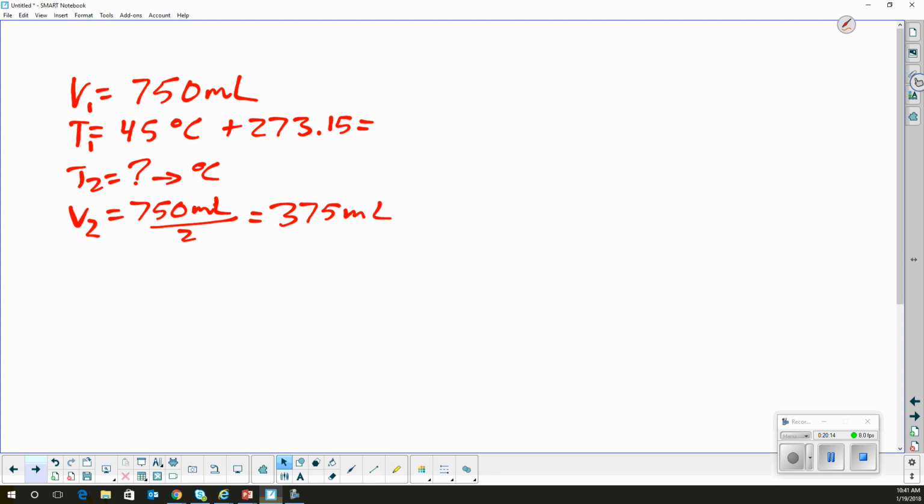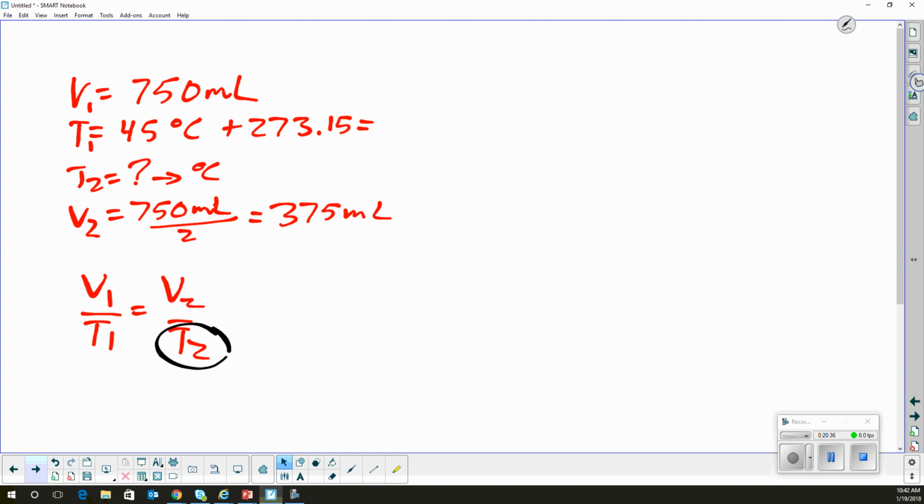Okay. All right. So at this point, I can say pressure's held constant, moles are held constant. So whose law is this? Pressure's held constant. It's Charles' law. So we're going to go V1 divided by T1 equals V2 divided by T2. And I'm looking for T2 down here on the bottom.